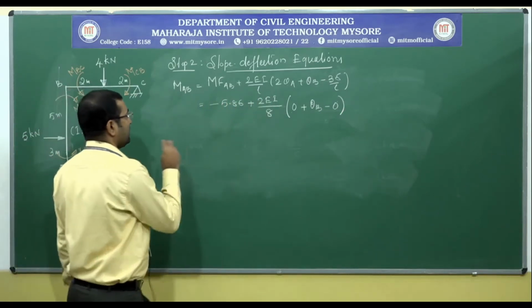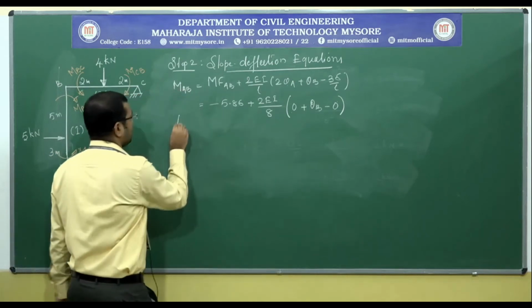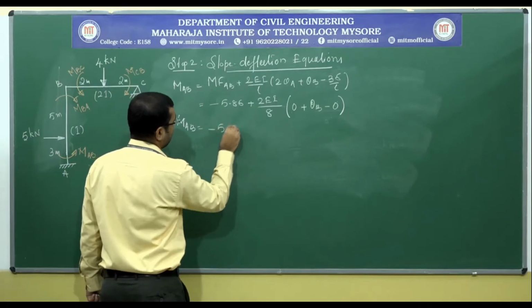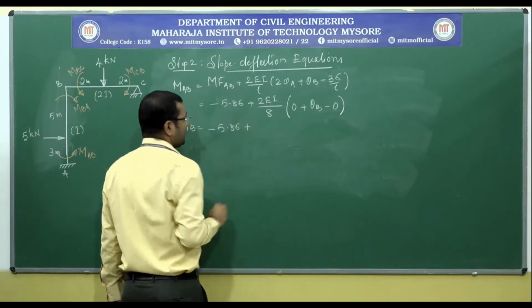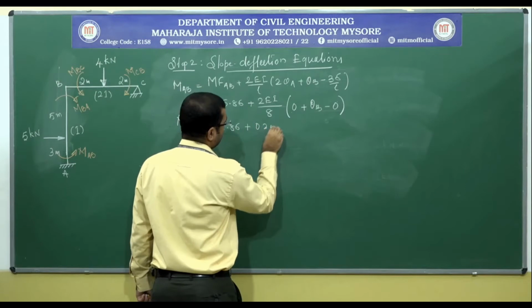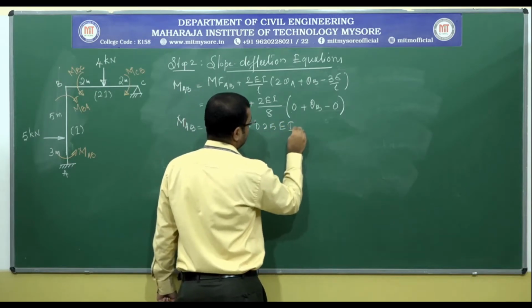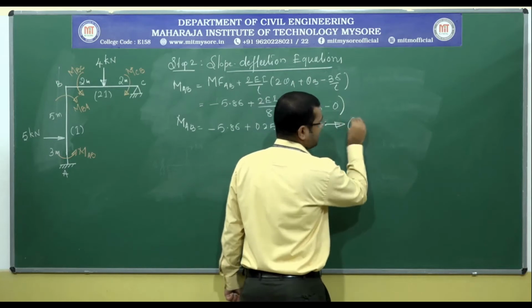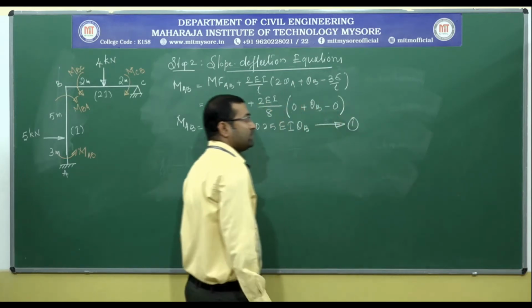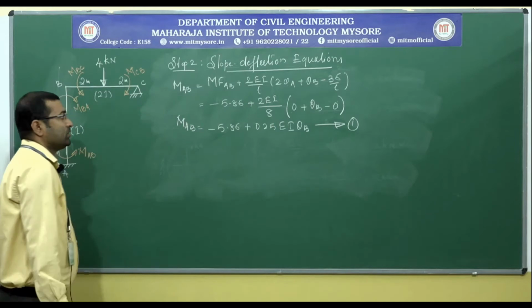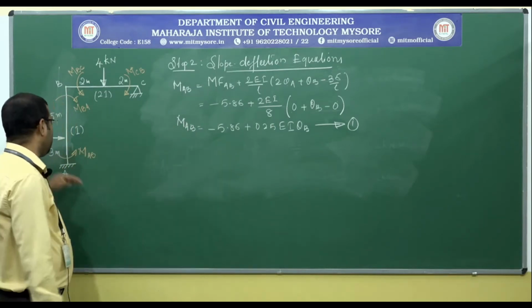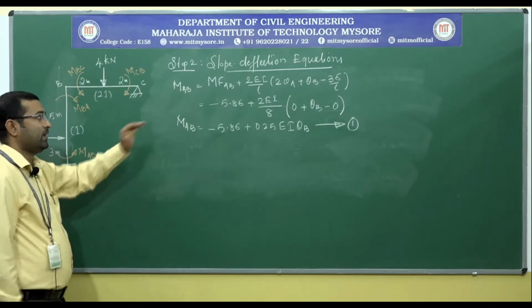So if I solve this, I will get MAB as minus 5.86 plus 0.25 EI theta B. Let us call this equation number 1. So this is the slope deflection equation to calculate the end moment at A, that is MAB.